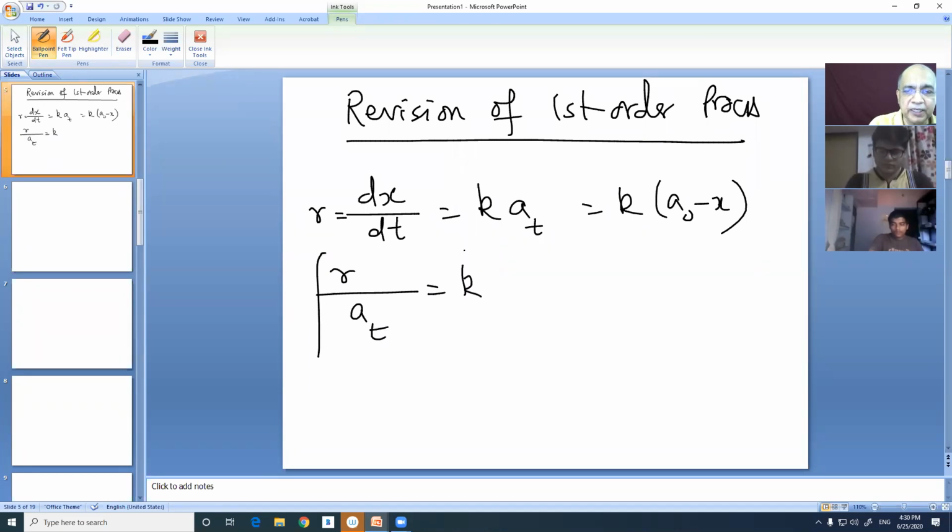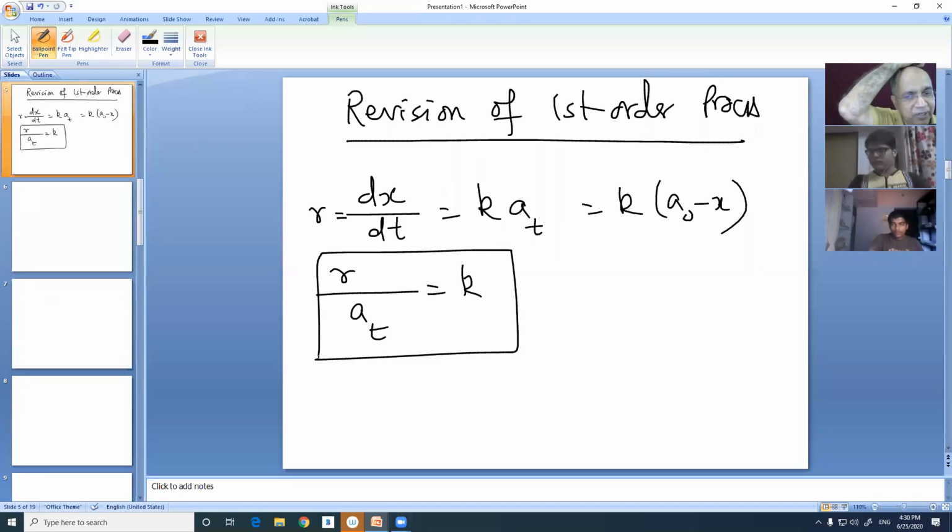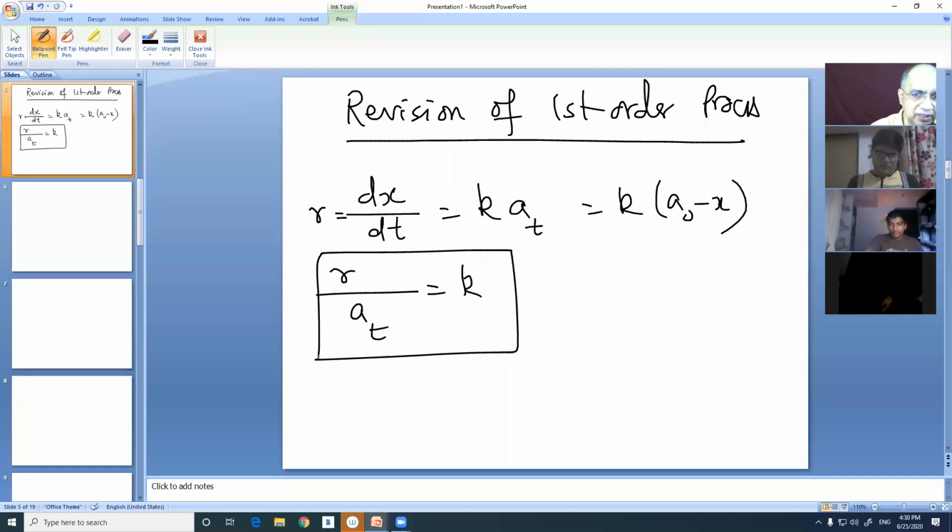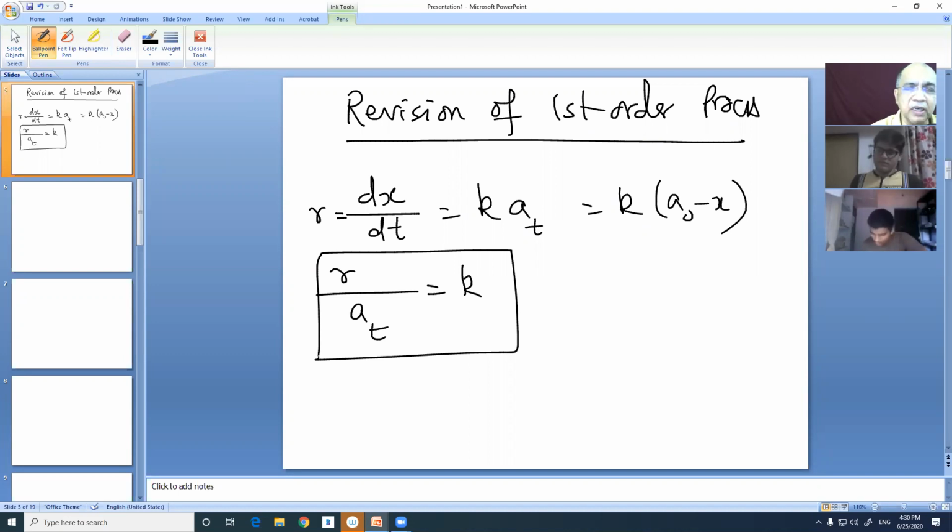If you get the values of rates from the concentration versus time graph, at different times and the corresponding at, the concentration of the reactant, and if you check the ratio in at least 2-3 data, and the ratio remains constant, then undoubtedly it is a first order reaction.